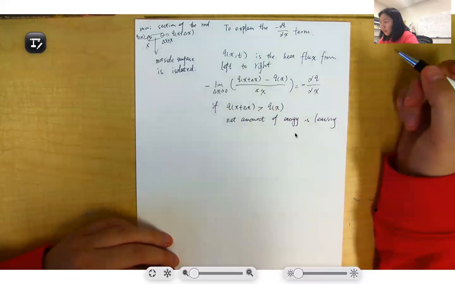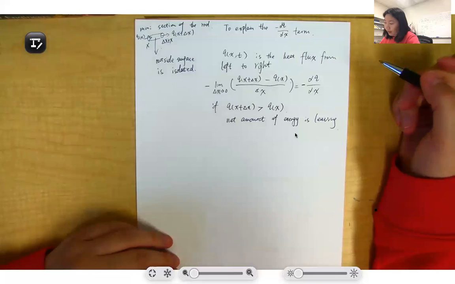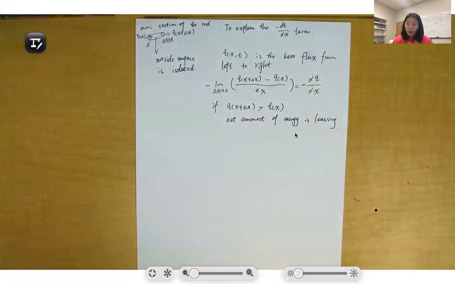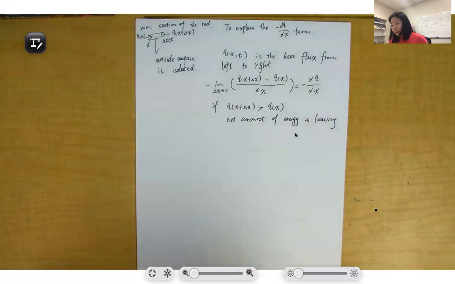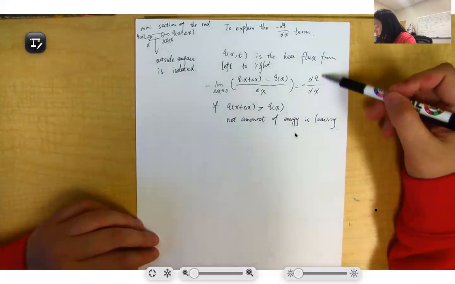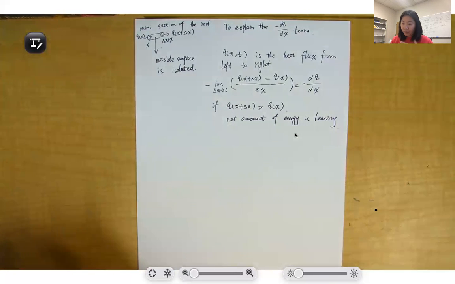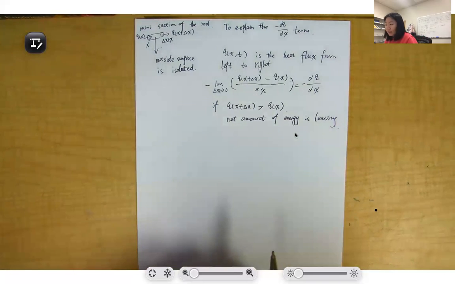Then the last thing, to derive our energy conservation equations into a 1D heat equation, the last thing is trying to get the relationship between Q and temperature U, because the left-hand side of your energy conservation equation is a function of temperature, u x t. But the right-hand side is the heat flux term.